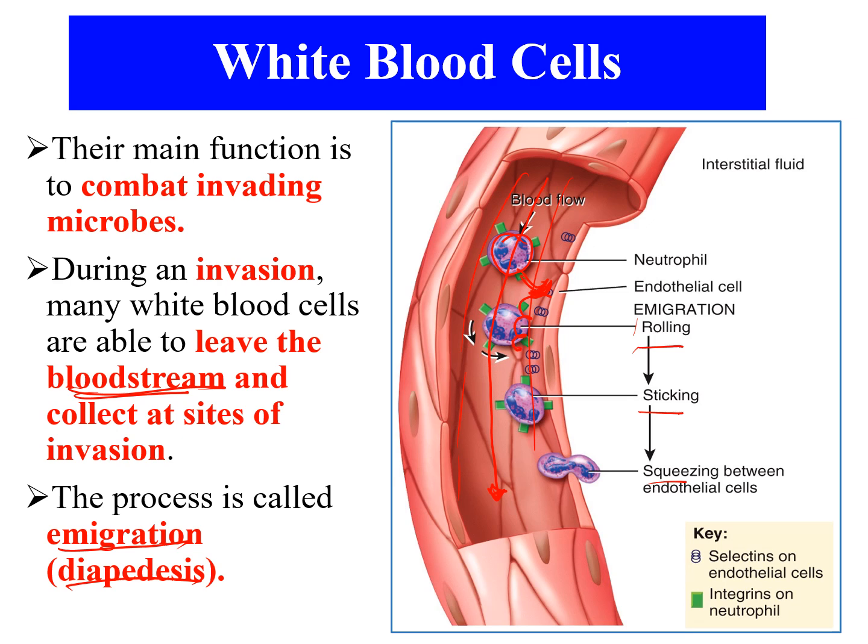So the first stage of emigration is known as rolling. The white blood cell gets closer to the endothelial cells, and then they start to roll, the same way a ball rolls, on those endothelial cells. Then as they are rolling, later on they start sticking, they start binding to the endothelial cells. Then later on, they're going to squeeze in between.